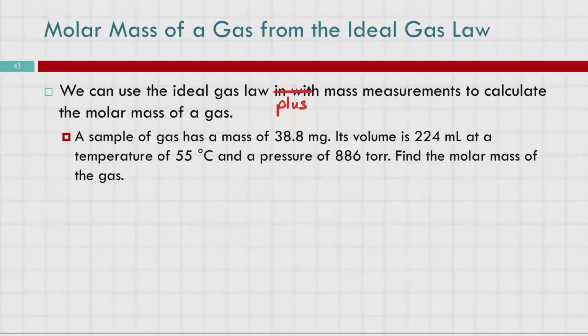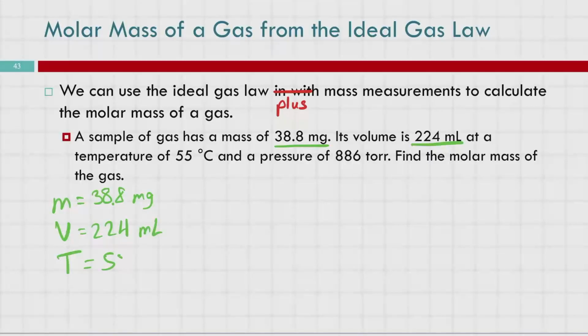So we've got a sample of a gas. It's got a mass, that's m, of 38.8 mg, milligrams. It's got a volume of 224 milliliters. It's at a temperature of 55 degrees Celsius, and the pressure is 886 torr. What are the units for molar mass?